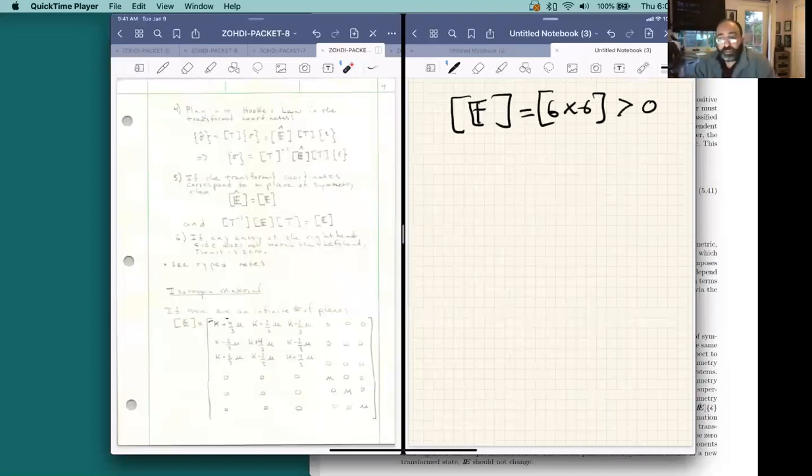How many eigenvalues are there for a 6 by 6 matrix? 6. So if the eigenvalues of E are all greater than 0, every one of those, lambda 1, lambda 2, lambda 3, lambda 4, lambda 5, lambda 6, has to be greater than 0.